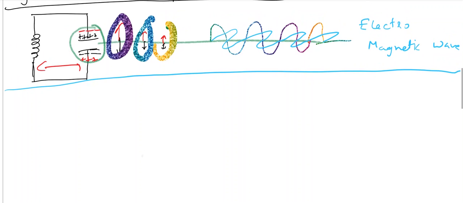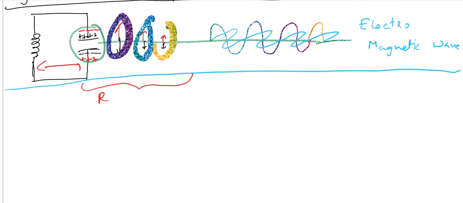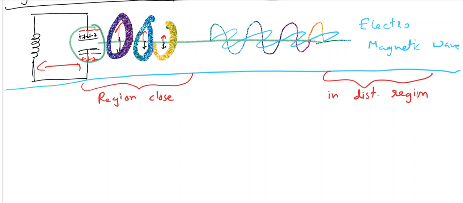So there are two areas. This region is called the region close to the source, whereas if you go very far away from the source, in the distant region, the characteristics of the electric field and magnetic field are not the same. Based on this characteristic, the components of the electric field and magnetic field are given two different names: inductive component and radiated component.